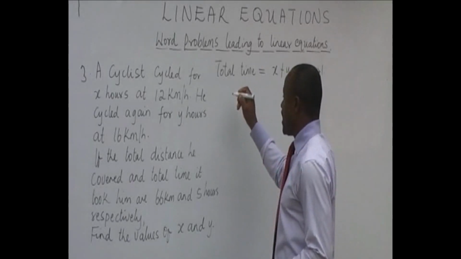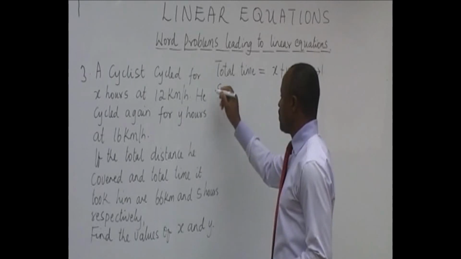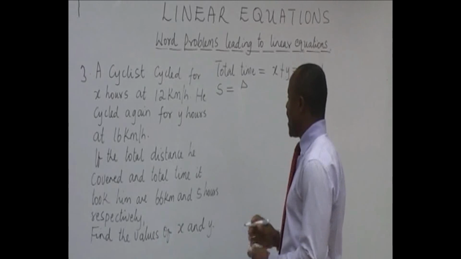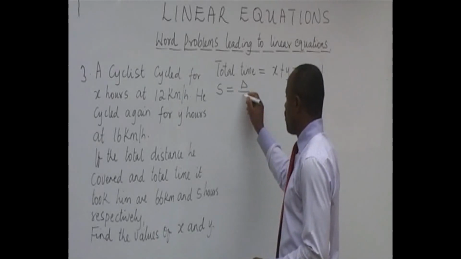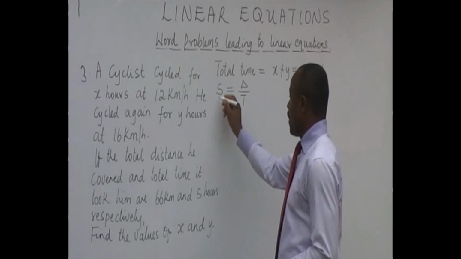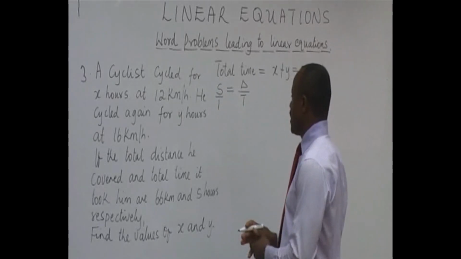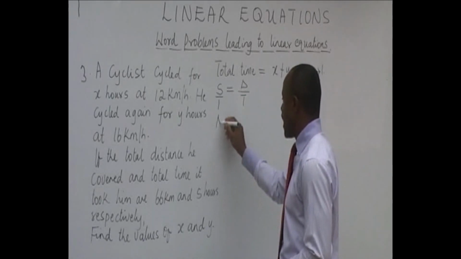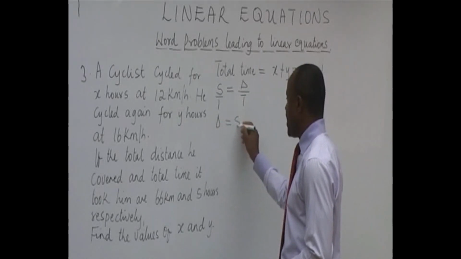You know that speed, let's use s to replace speed, is calculated as, let's use d to replace distance, d over time. That is speed. If you write speed in fraction form and cross multiply, you discover that d, distance, is going to be speed times time.